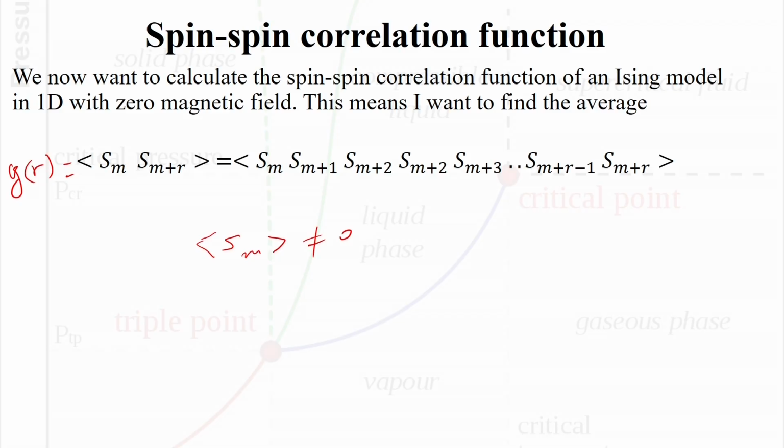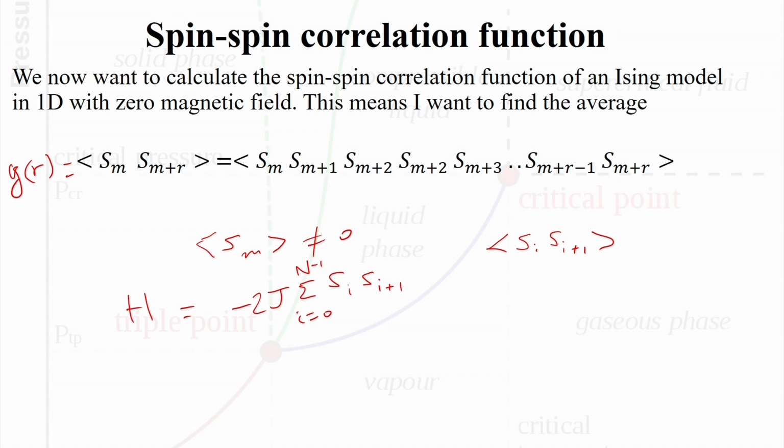So, the answer to that, the way you do that is, well, directly it is not possible to do this, because recall that in the absence of magnetic field, this is my Hamiltonian. So, I can only calculate with some degree of ease this type of quantity, which is the correlation function of nearest neighbor.